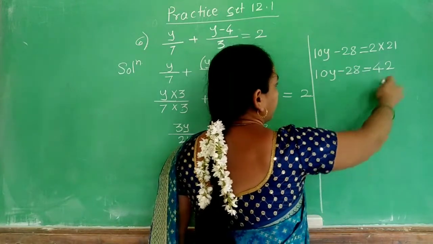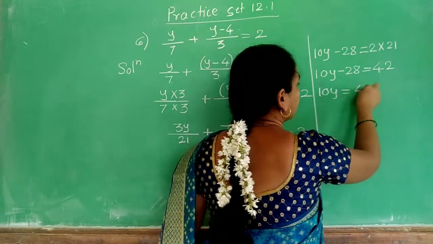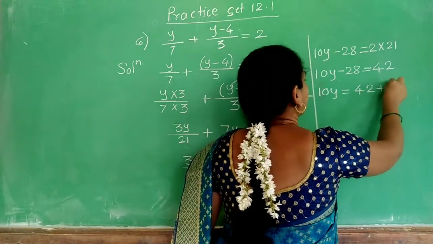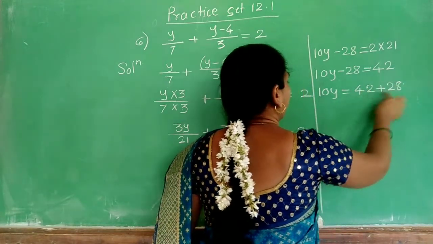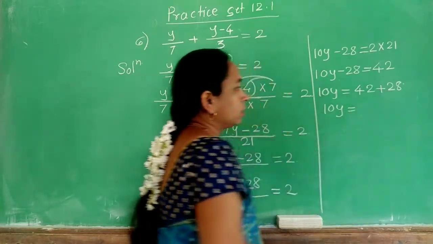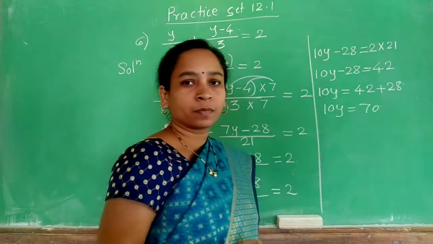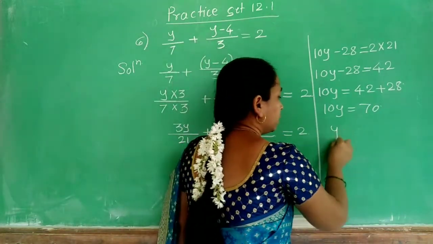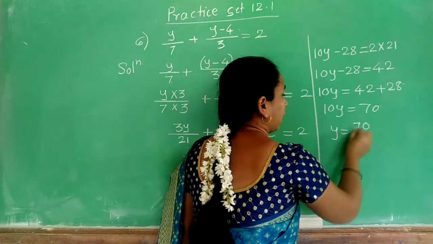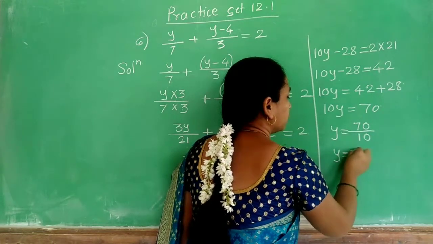Minus 28 transfer again on that side, so 10y is equal to 42 plus 28. Now we can add this. So 10y, their addition would be 70. So y is equal to 70, we have to divide by 10. So y is equal to 7.